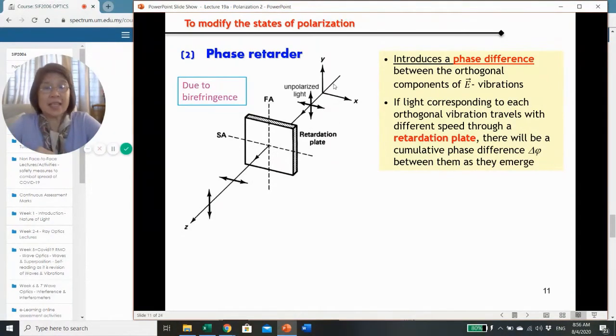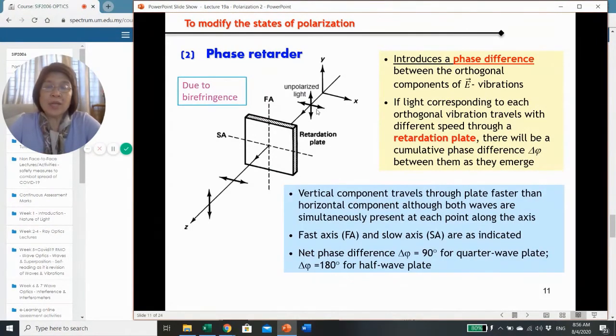So what it does is that when unpolarized light enters the retardation plate, again we visualize the unpolarized light with that simplistic representation, whereby we represent it with a horizontal and a vertical component. When it reaches the retardation plate, it will have a fast axis and a slow axis. So this one will have a slower speed, and this one will have a higher speed.